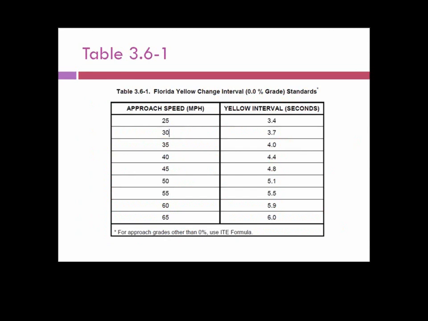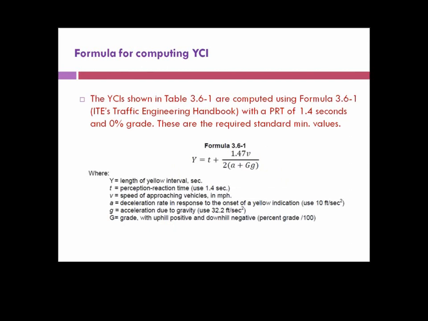And at the bottom, you will notice an important remark that these timings are for grades of 0%. In other words, the Traffic Engineering Manual section does not show the values for grades other than 0%. For that, you may apply engineering judgment and use the ITE formula and come up with the values and follow the standards provided in the section.